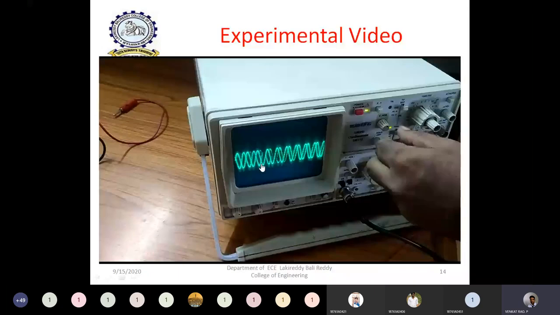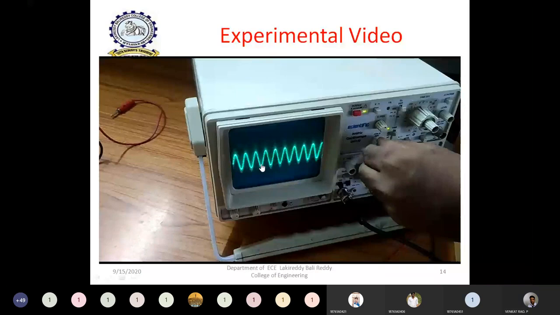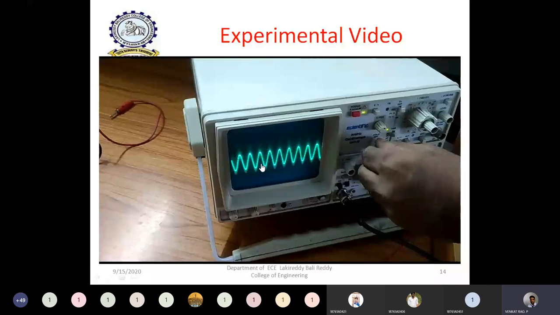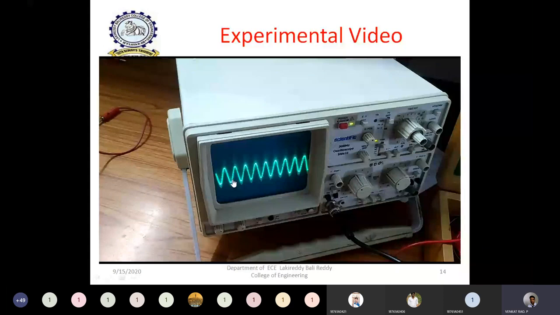Whatever you give as the input is obtained as the demultiplexer waveform. Of course, there may be some changes in the amplitude, but the frequency must be the same. So this is the complete experiment for the time division multiplexing process. We have done both time division multiplexing as well as demultiplexing.